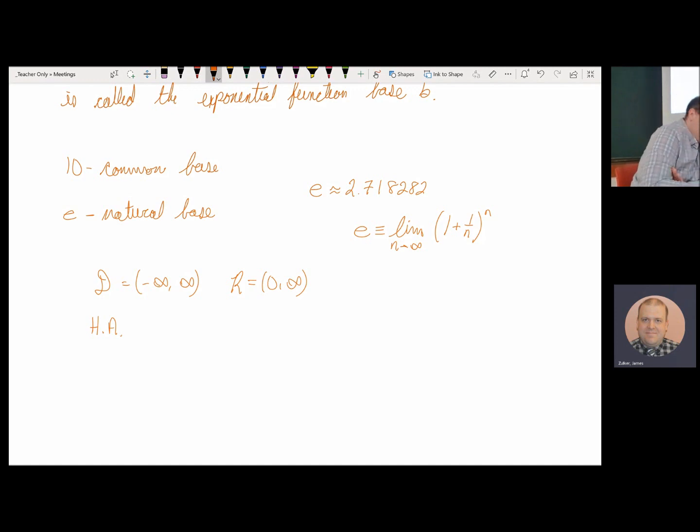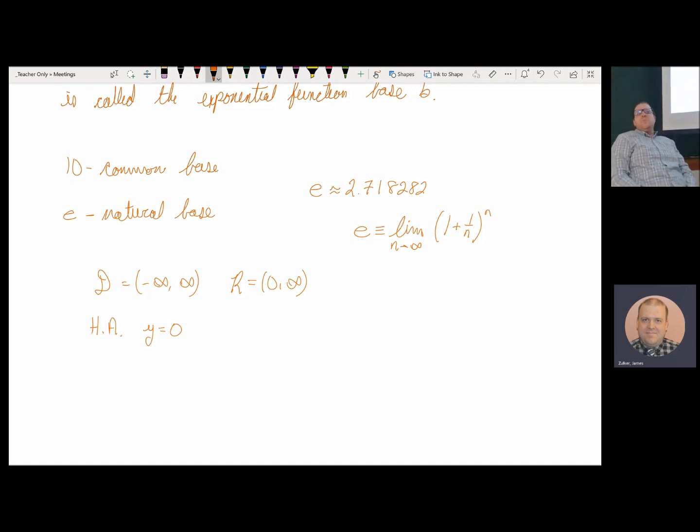The function has a horizontal asymptote y equals 0. The only thing that changes with the horizontal asymptote is which end.